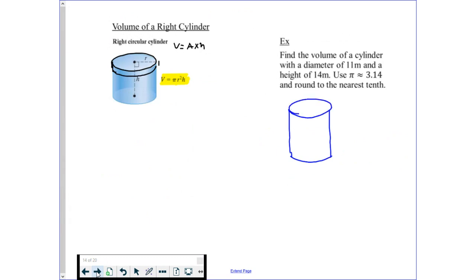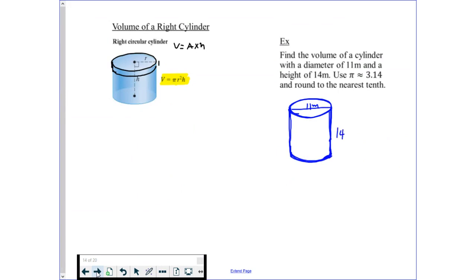So we have 11 meter diameter, and this is 14.